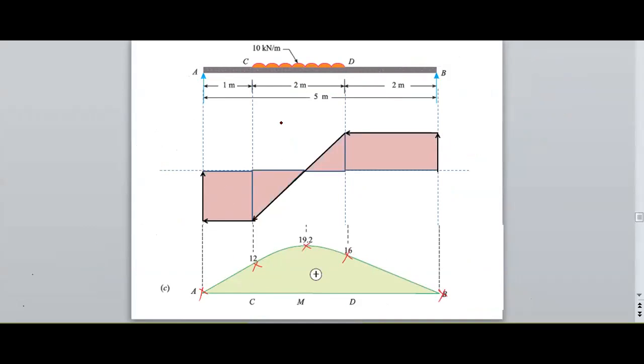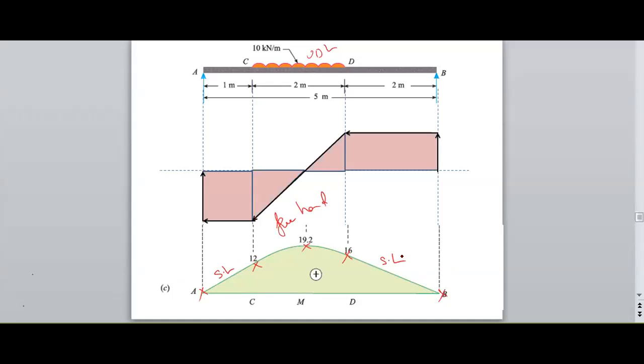If you observe here, the UDL is acting in between C and D. Therefore, only in between C and D I need to join by free hand. The remaining I need to join by a straight line.